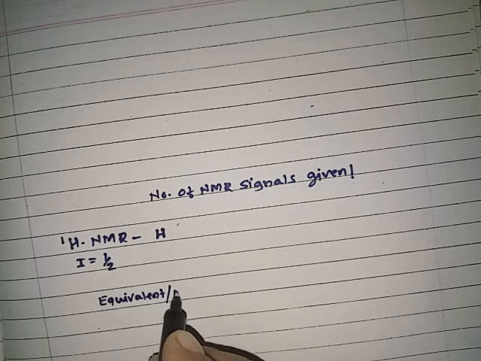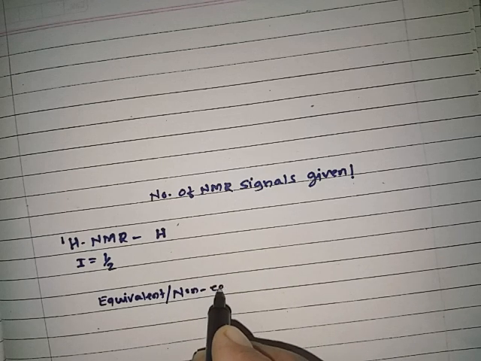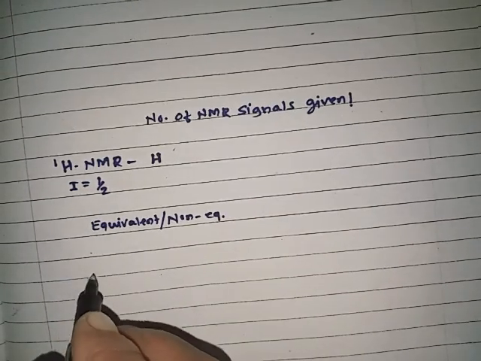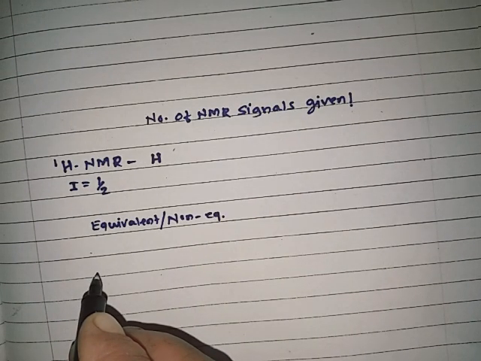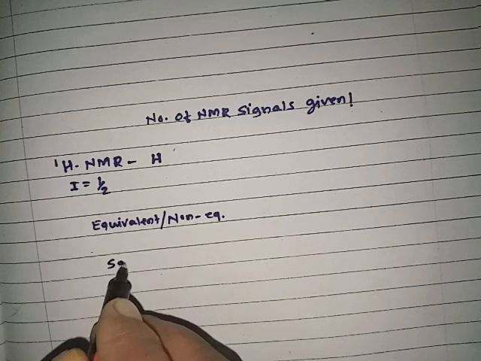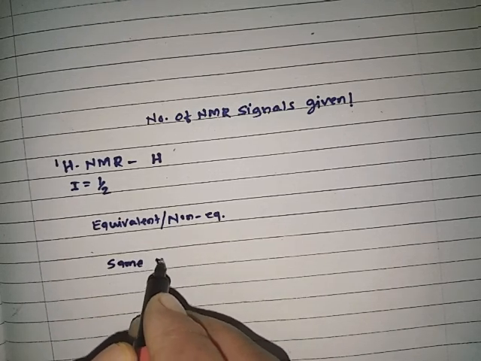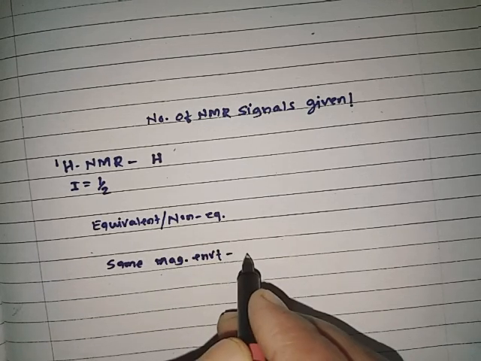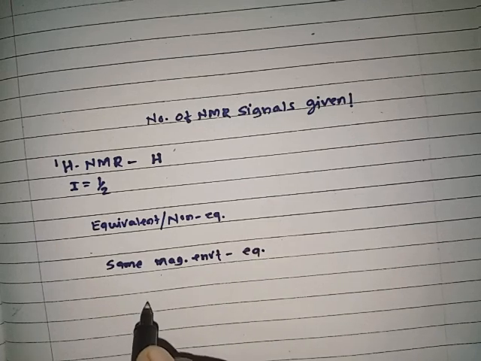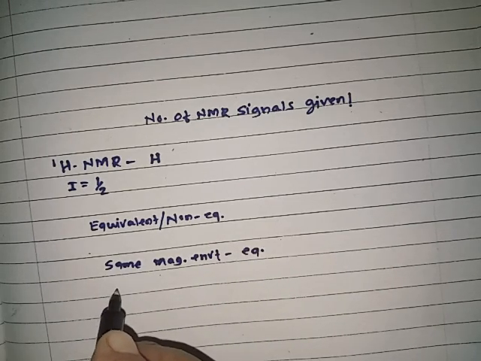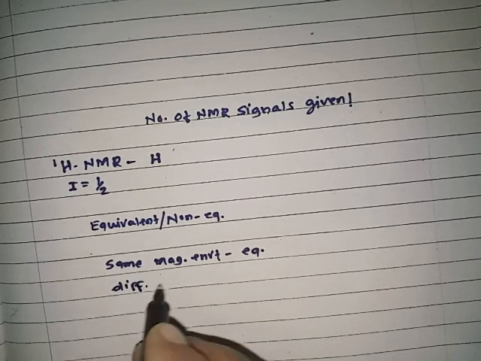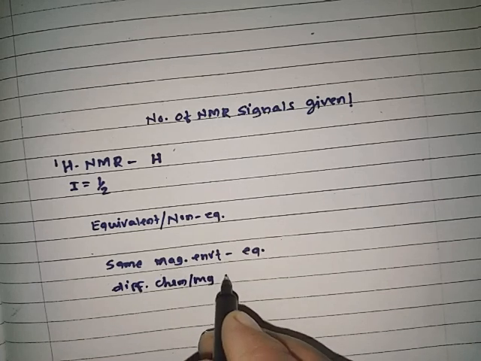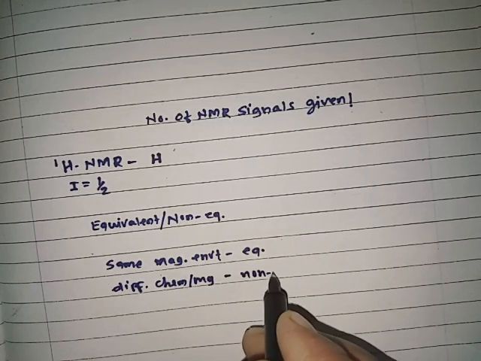Protons present in the same magnetic environment are known as equivalent protons, and protons present in different chemical and magnetic environments are known as non-equivalent protons or a non-equivalent set of protons.